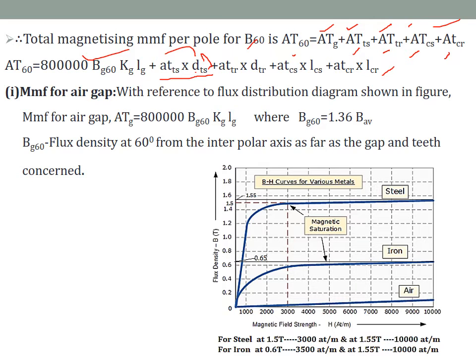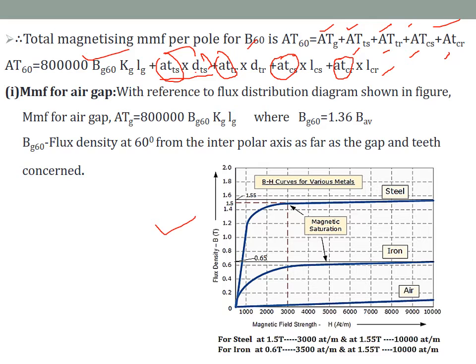Here the small ATts, ATtr, ATcs and so on all depend upon the flux density in those portions. So what is the flux density in the stator teeth? According to that, we can get ATts from the chart.